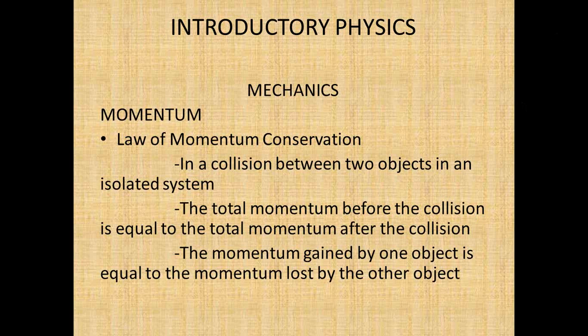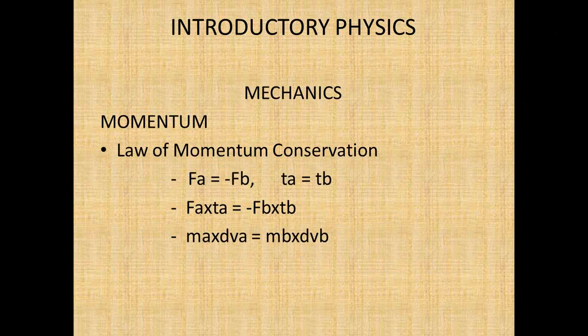The total momentum is conserved. That is, if one object gains momentum, the other object is going to lose momentum. So the momentum gained by one object is equal to the momentum lost by the other object. And that is the law of momentum conservation.